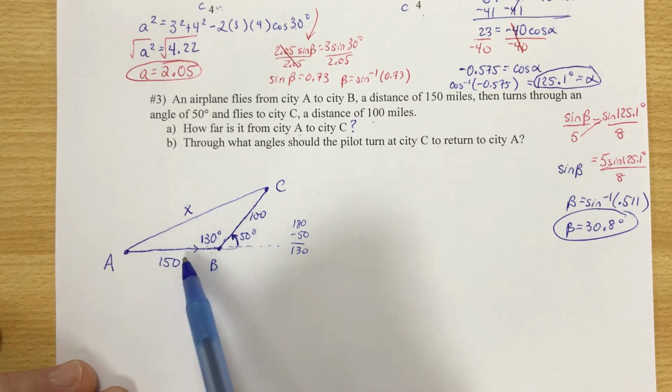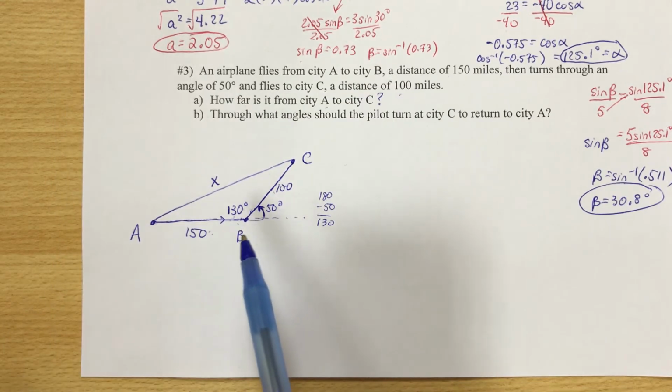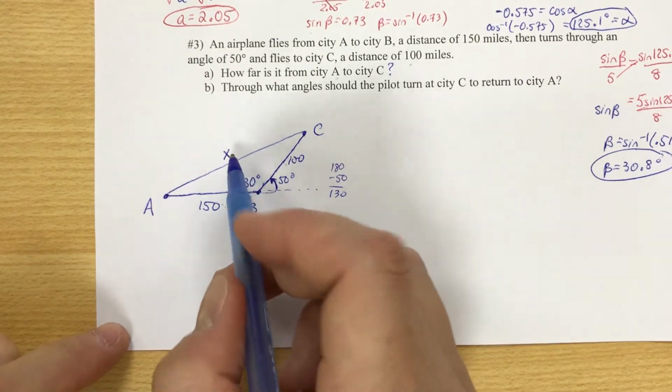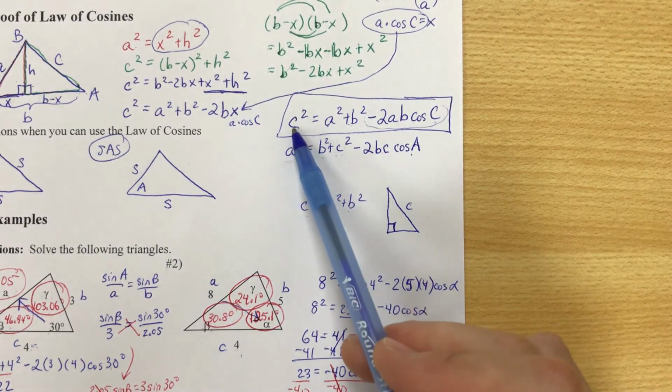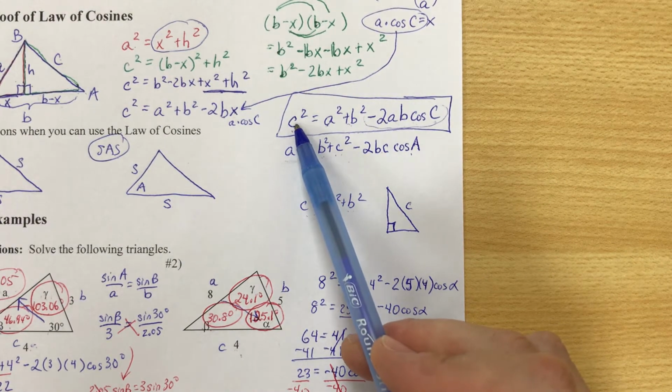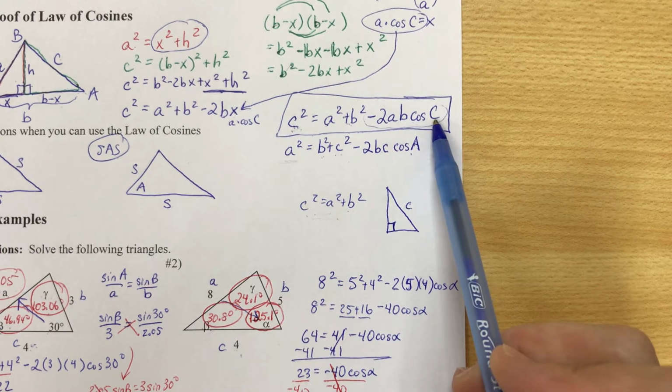Now we're trying to solve for x, which is the missing side, the third side. Look at the information here. This is a side-angle-side problem, so we can do the law of cosines. When we look at the formula, x is going to be the side by itself. So it's going to be x squared, which means the angle will be the angle measure opposite the side.